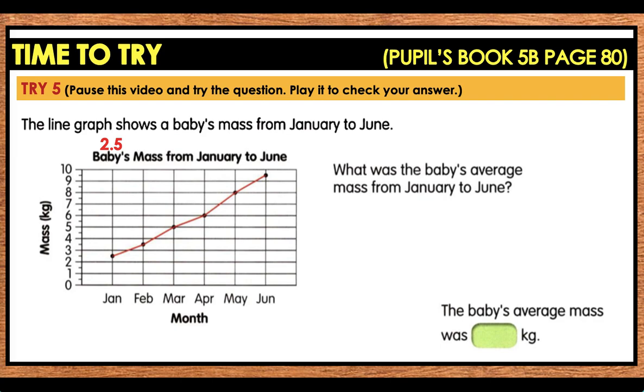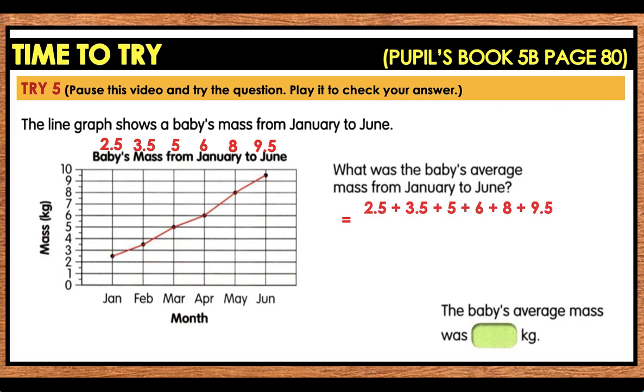January is 2.5. How about February? Great, 3.5. How about March? Amazing, that's 5. How about for April? 6. How about for May? 8. And what's our data for June? 9.5.